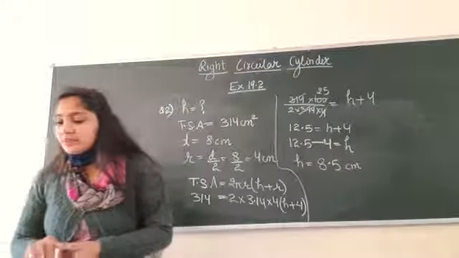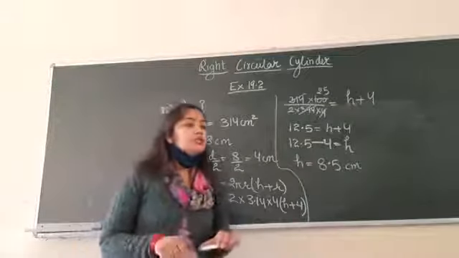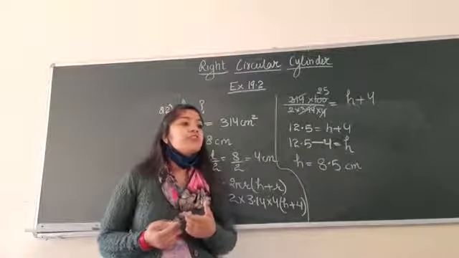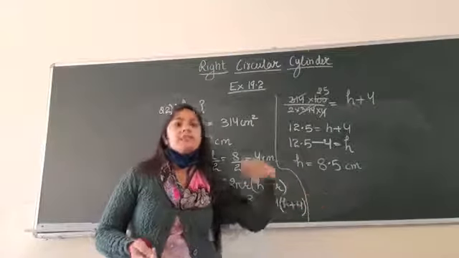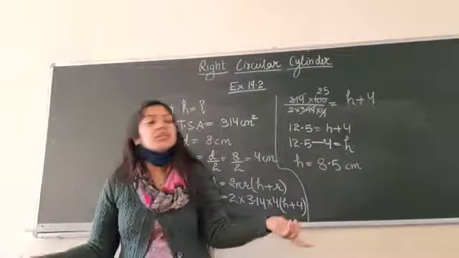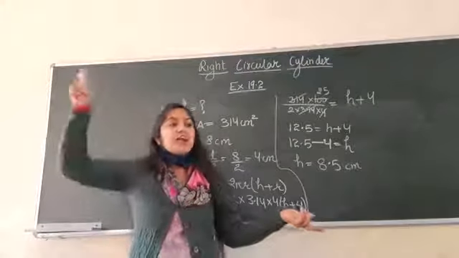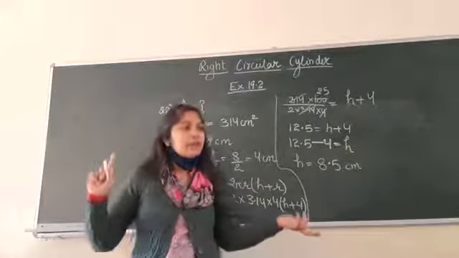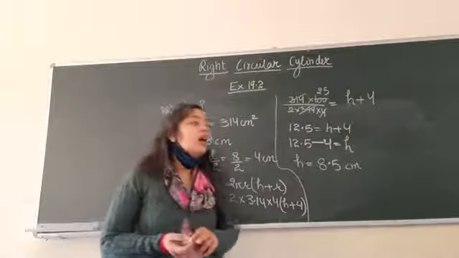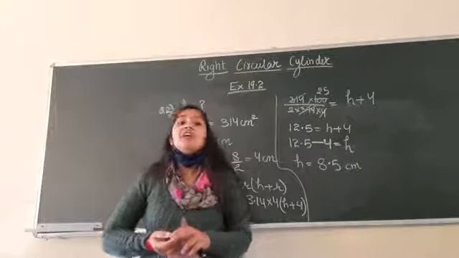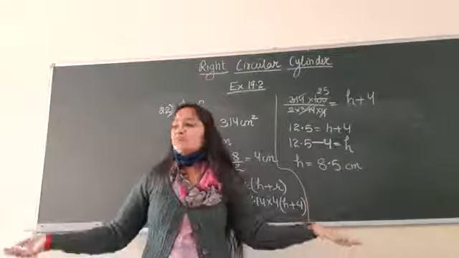And their heights are in ratio 5:3. So we'll consider our heights as 5y and 3y. We'll not consider x again because we have already used it for the radii. Calculate the ratio of their curved surface area.